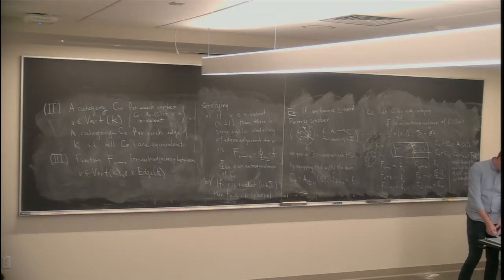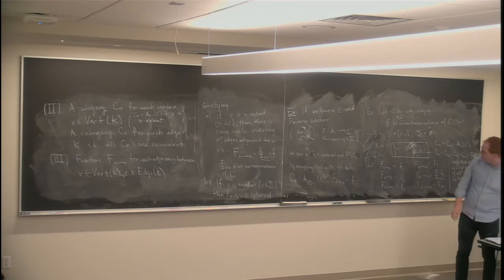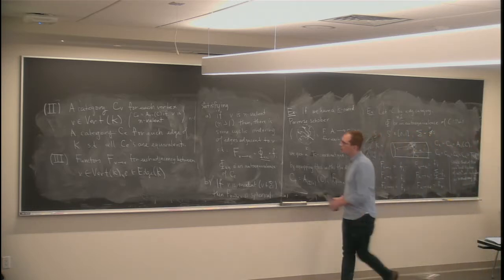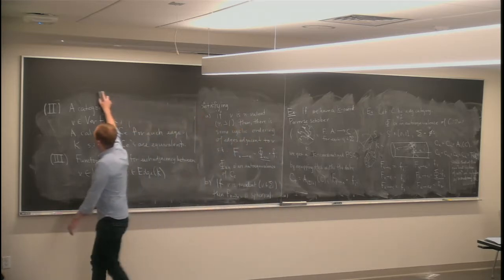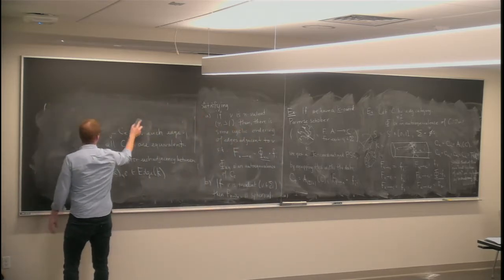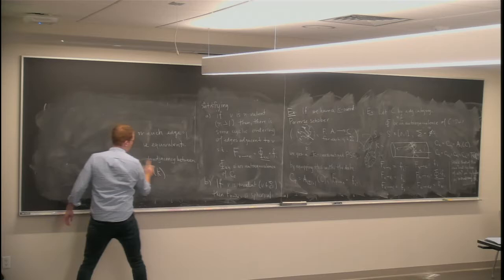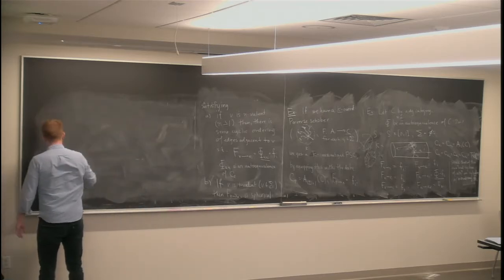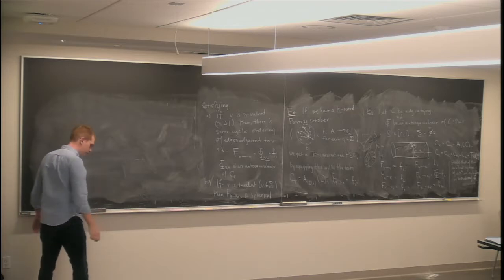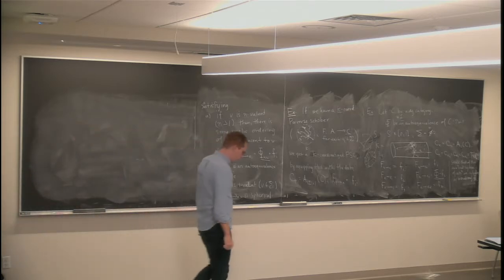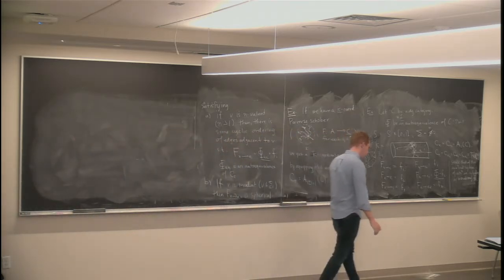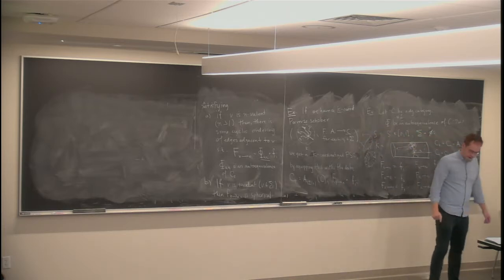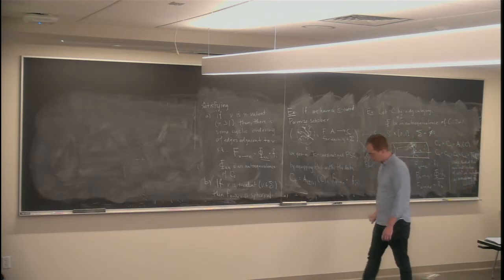Okay, so now I want to talk about global sections of these things. DG categories live within a homotopy category, and there's a model category structure on the category of DG categories. There are two well-known ones: the Dwyer-Kan model structure, and the Morita model structure.